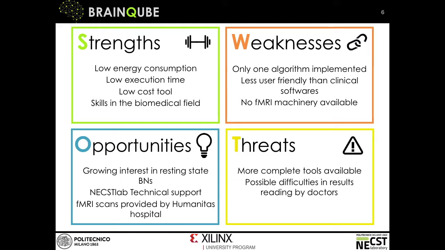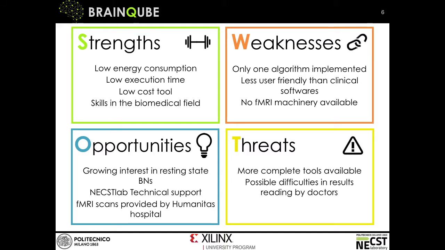A simplification of the analysis process will make it available to a wider range of people involved in brain networks research, which is a rising field. The drawback of having implemented only one algorithm for resting state analysis, the ICA, and as a consequence of having a less complete tool than those used nowadays, and a very simple graphical representation of the results, is not critical, since our algorithm is useful in a first phase of the study to test quickly some hypotheses without investing many resources.